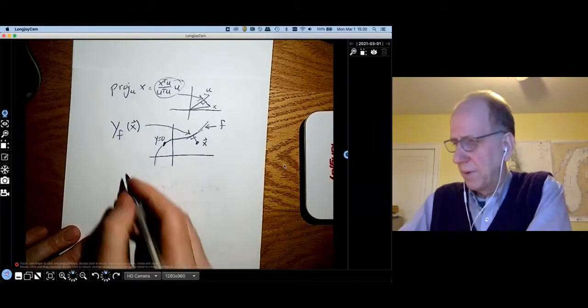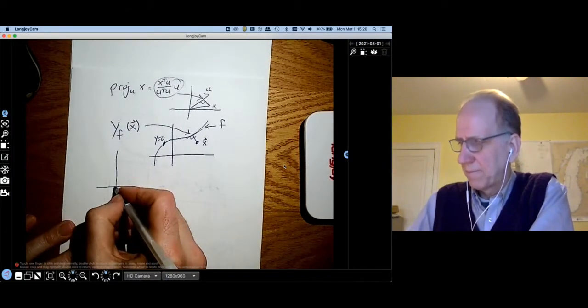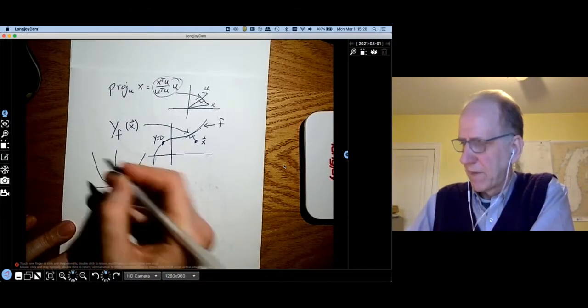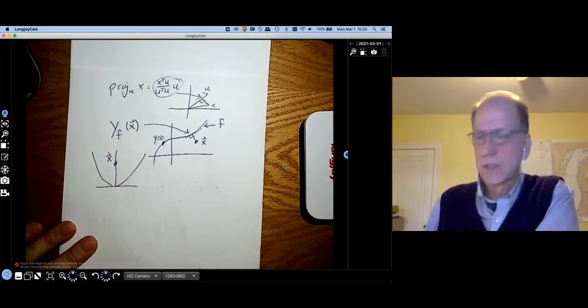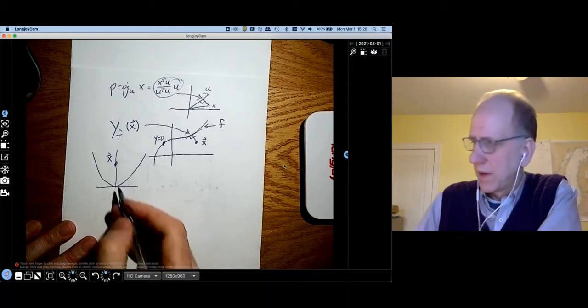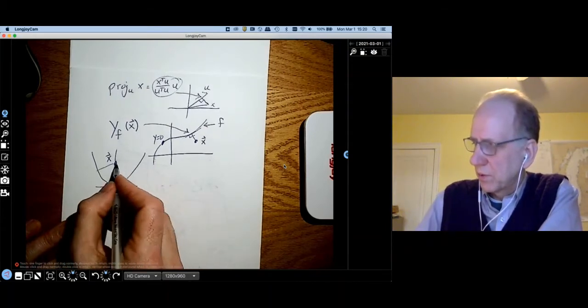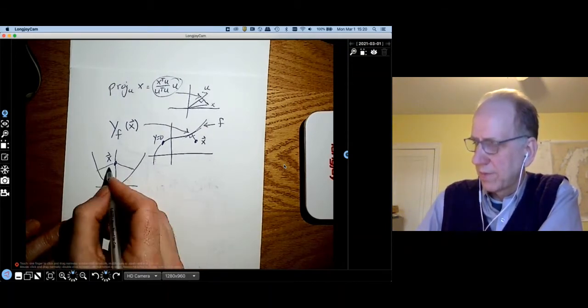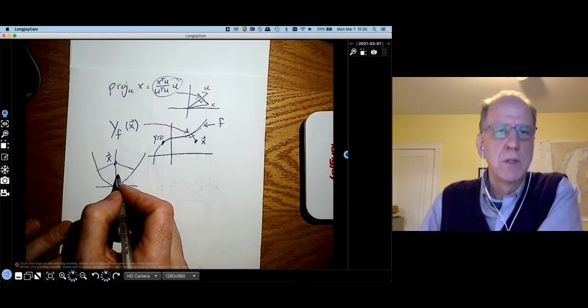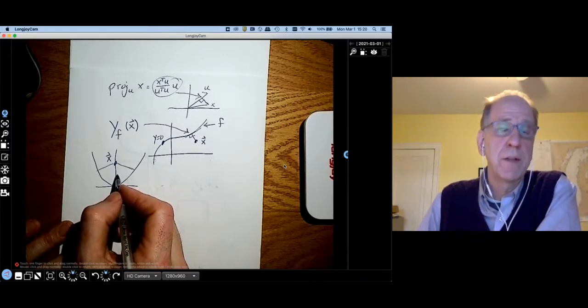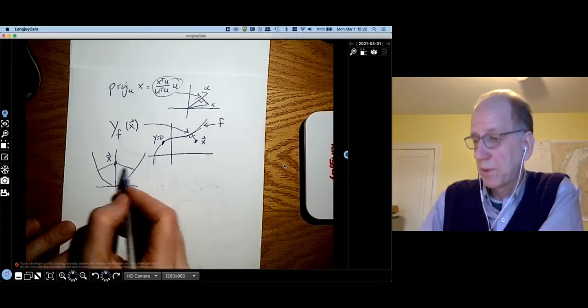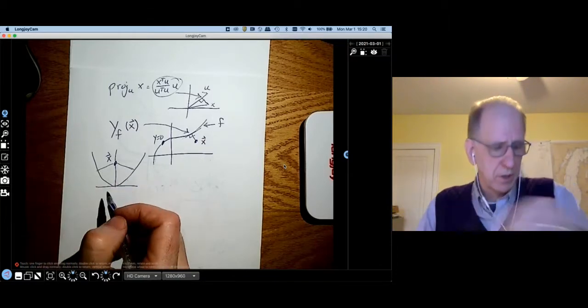So as an example, let's say I had a parabola. And if I had some x here, so there's my x, on the axis of symmetry, notice there would be two locations on the curve that are closest. So that's a problem because my function is not well defined then. This x would map to two y's on the curve.